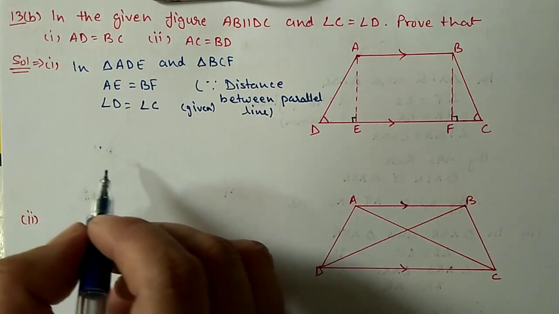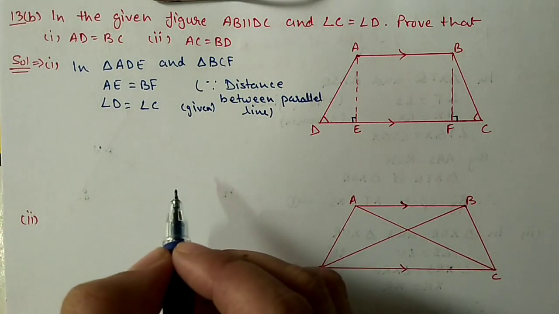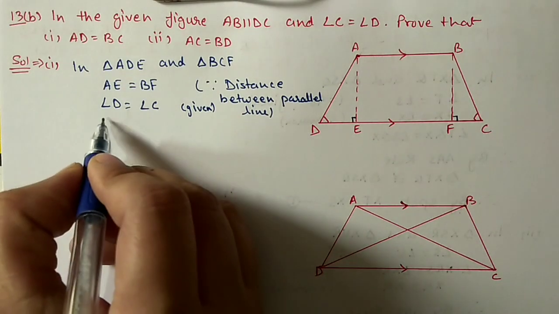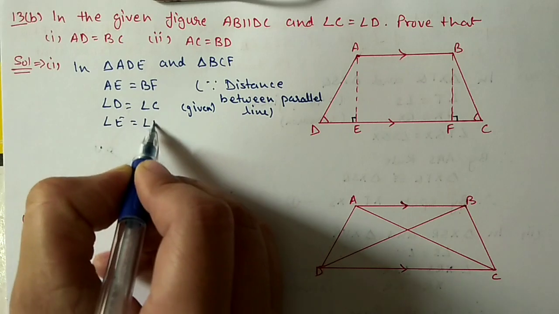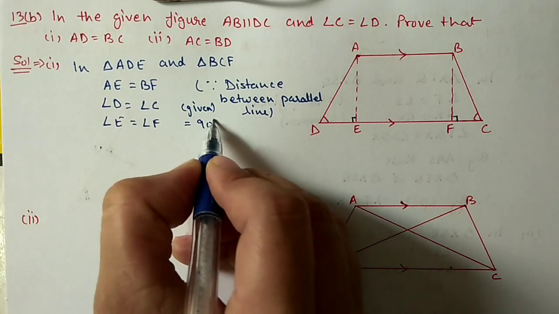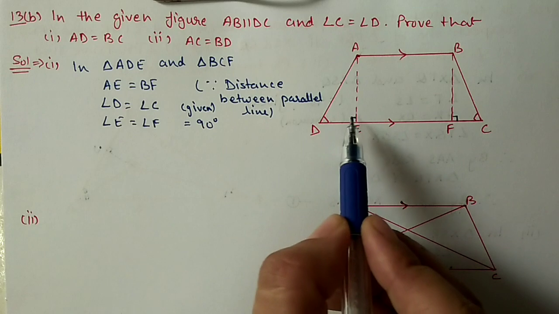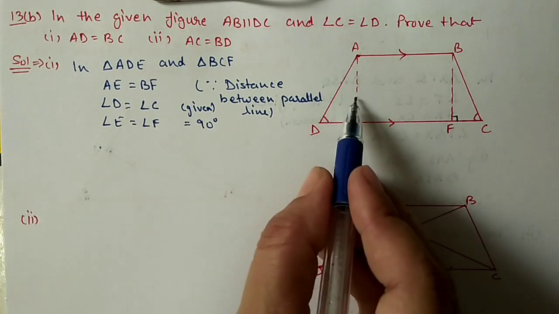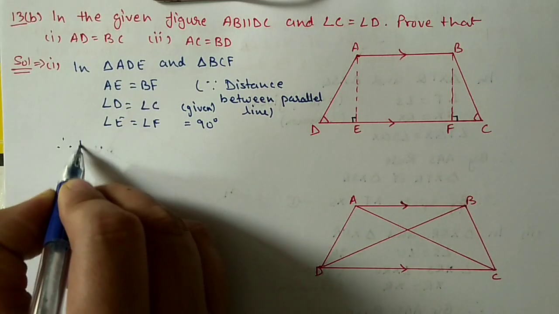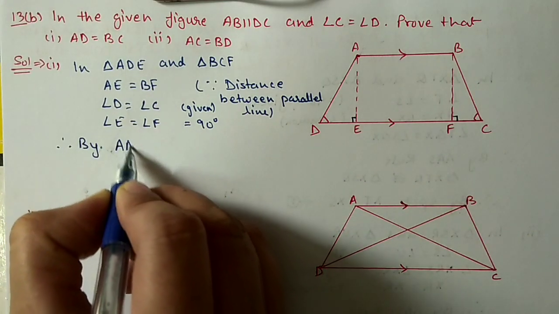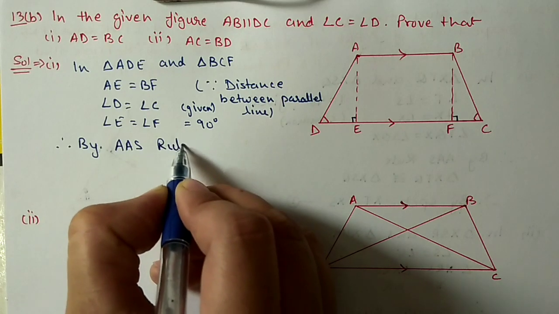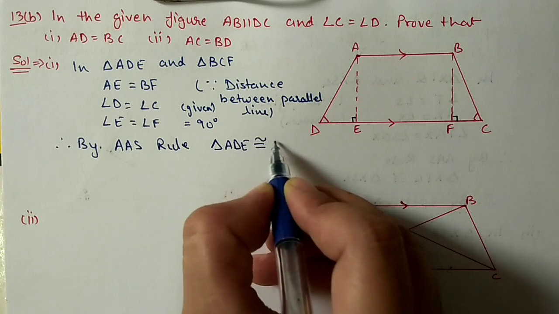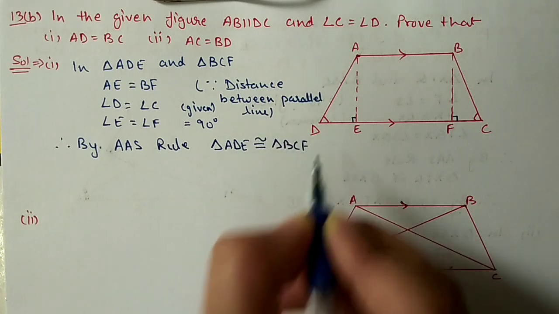And third, we can take here angle E is equal to angle F. Both are 90 degree angles. So therefore by angle angle side rule, we have compared here two angles and one side. Therefore by angle side rule, triangle ADE is congruent to triangle BCF.